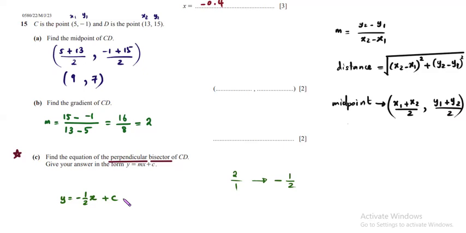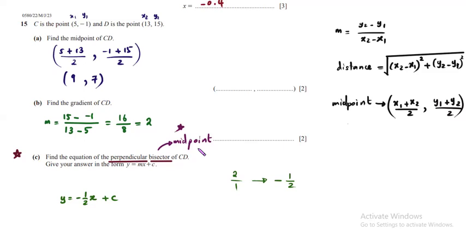But in this question, a coordinate point is not given directly, but indirectly a coordinate point is given. That is, it clearly states that it is a bisector. The perpendicular line is a bisector as well, which means it divides the line into two equal portions, which means for it to be a bisector, it goes through the midpoint of the line.